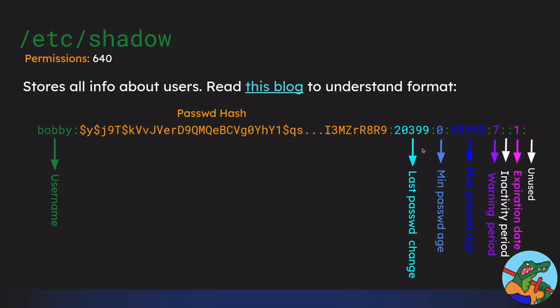And then we have a bunch of these other fields related to that password, like the last time it was changed, how old it's allowed to be, and some periods that you'll never use. This is the expiration date we were talking about when discussing /etc/passwd. And this last field just isn't even used. So most of this is nonsense to us. What we really care about is this password hash here because it has the password.